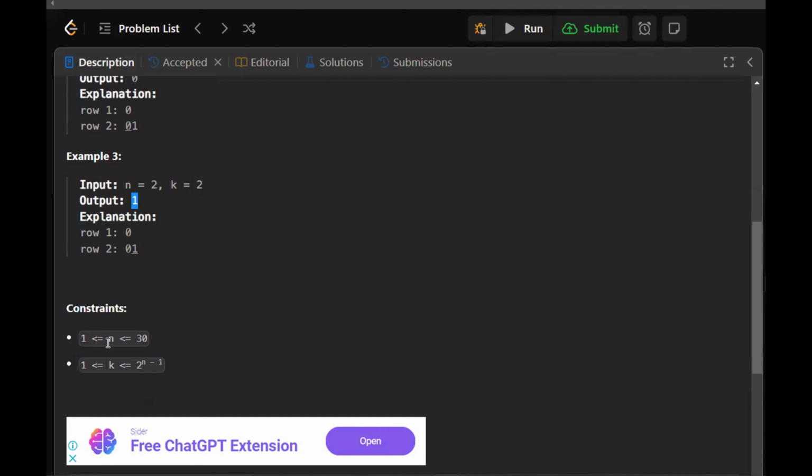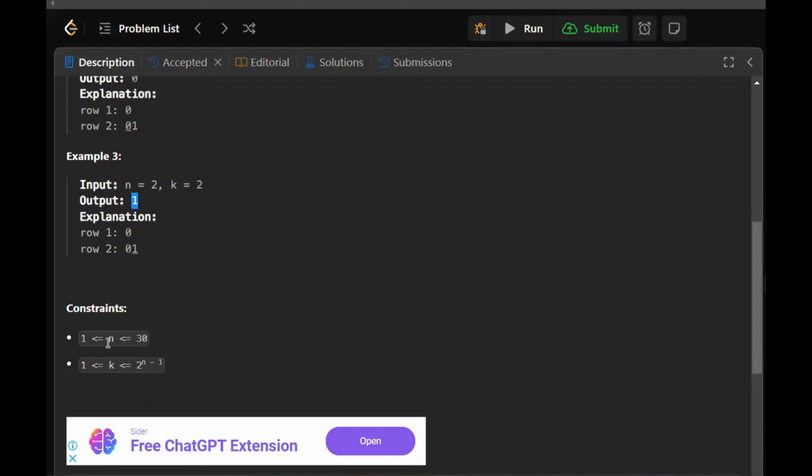So 0 will be replaced by 0, 1. For the third row, 0 will be replaced by 0, 1 and 1 will be replaced by 1, 0. For the fourth row, 0 will be 0, 1, 1 will be 1, 0, 1 will be 1, 0 again, and 0 will be 0, 1.